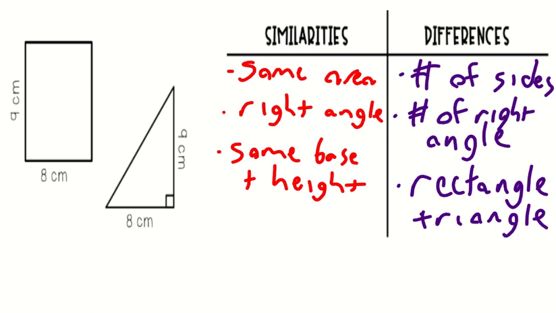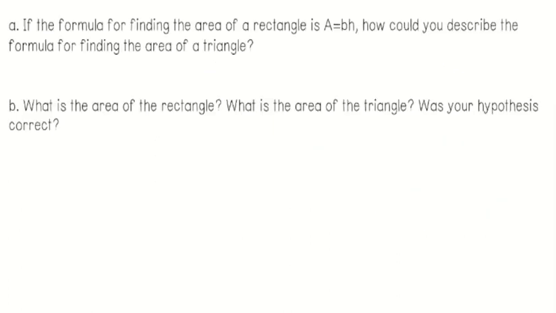And so what we're going to look at though is this one right here. We had same area as one of them. Do those look like they would cover the same area? No, not quite, right? So that's what we're going to try to figure out. Right there below that it says, if the formula for finding the area of a rectangle is A equals BH, or area equals base times height, how could we describe the formula for finding the area of a triangle?